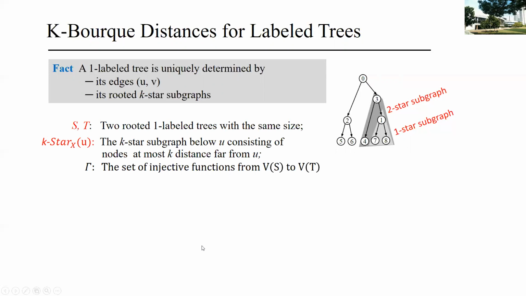The K-star subgraph below a node U consists of the node and the nodes within K distance from U. For example, in this tree, the one-star subgraph below the node U contains 3 nodes: 1, 7, 8. The 2-star subgraph below 3 contains 5 nodes: 3, 1, 4, 7, 8.